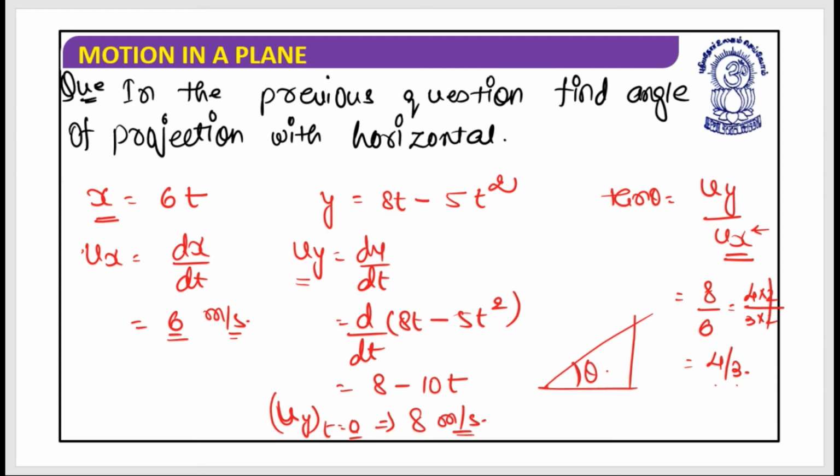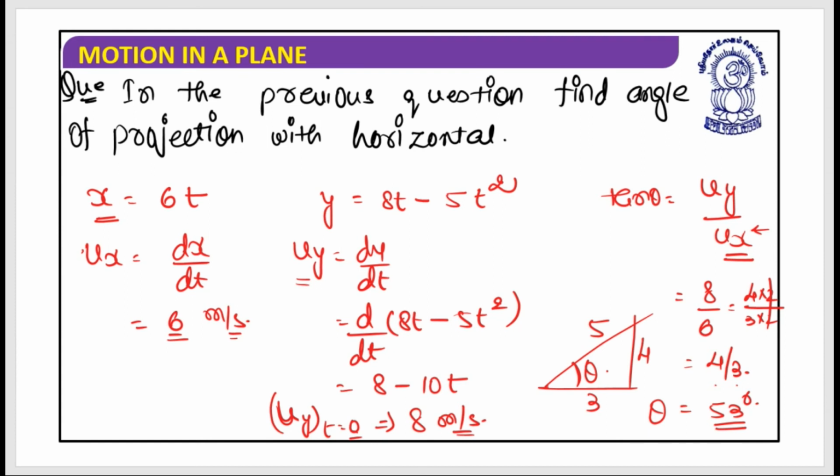Remember the magic triangle: 4, 3, 5. So theta should be equal to 53 degrees with the horizontal, and this should be the answer.